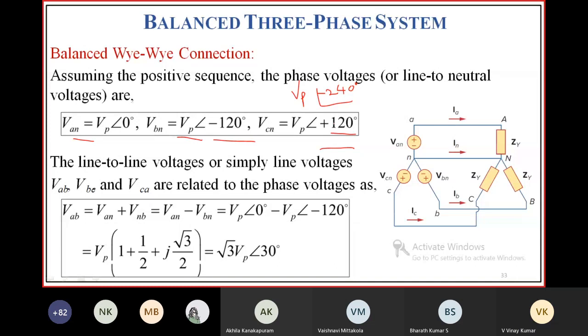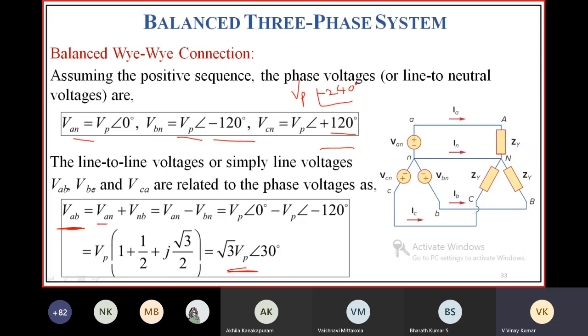Both are the same. By drawing a phasor diagram, you can find the relationship between line voltage and phase voltage, and mathematically also you can prove line voltage is equal to root 3 times phase voltage.